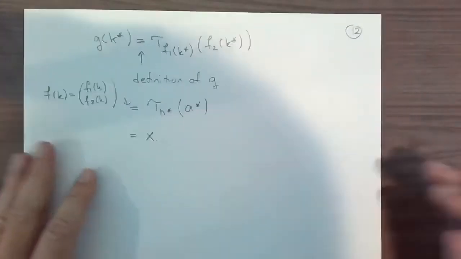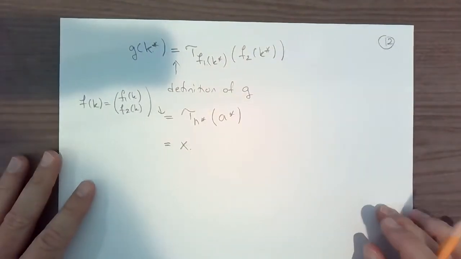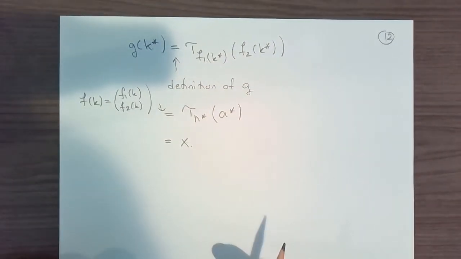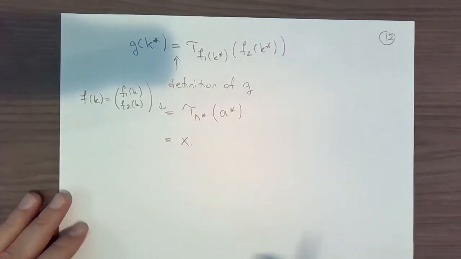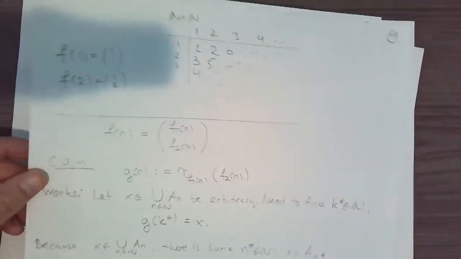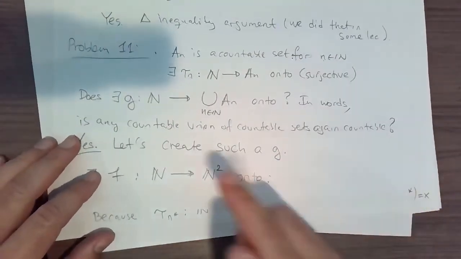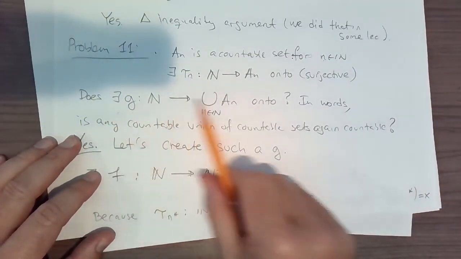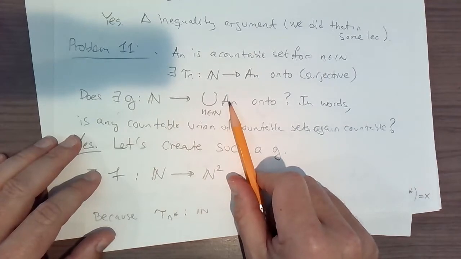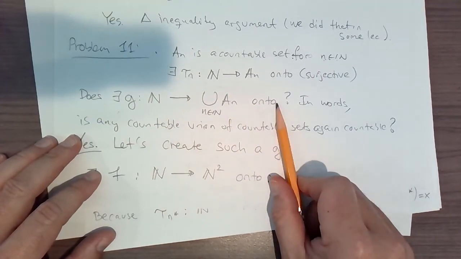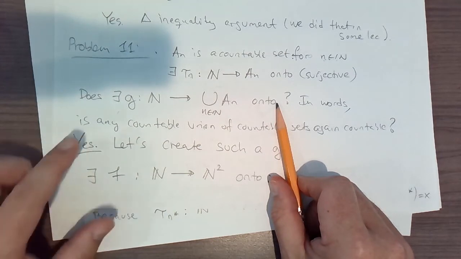Did that help a little bit more, Brian? So what did it show? Well, at the very beginning the question was, does there exist a function such that this is onto? And the answer was yes, right?